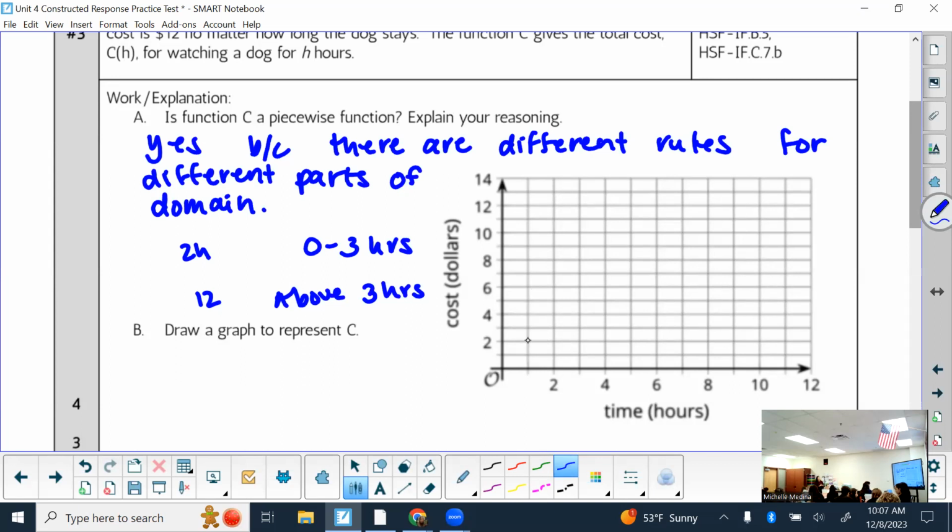So for 1 hour, it's going to be $2. At 2 hours, how much are they charging? $4. At 3 hours, how much are they charging? Well, no. When it's 3 hours, it's still the $2 per hour. After the 3 hours, that is something different. But for 3 hours, what does it cost?